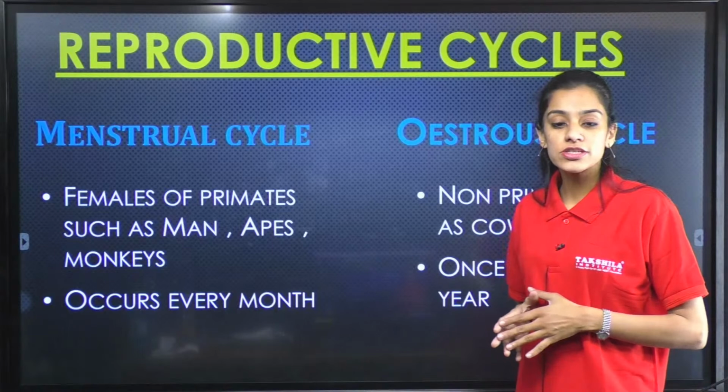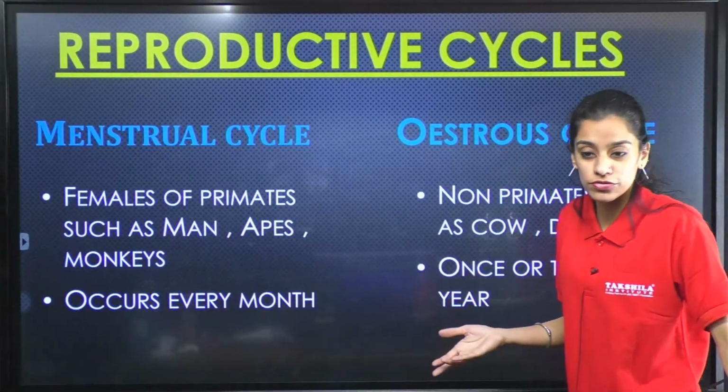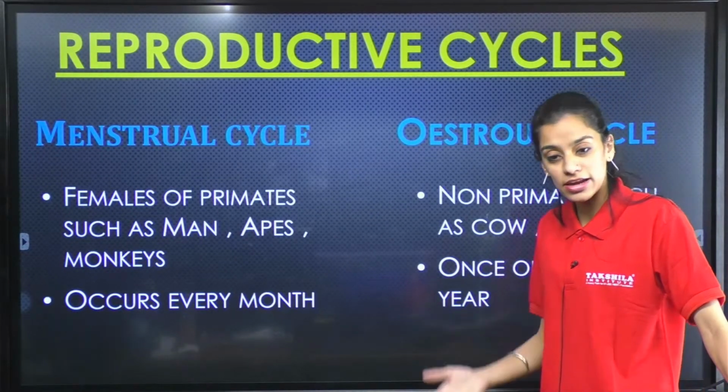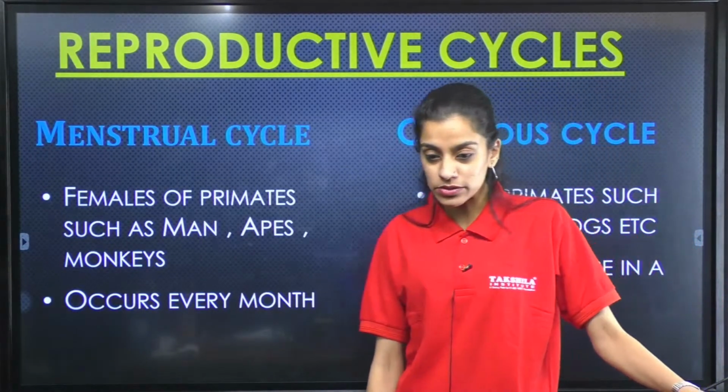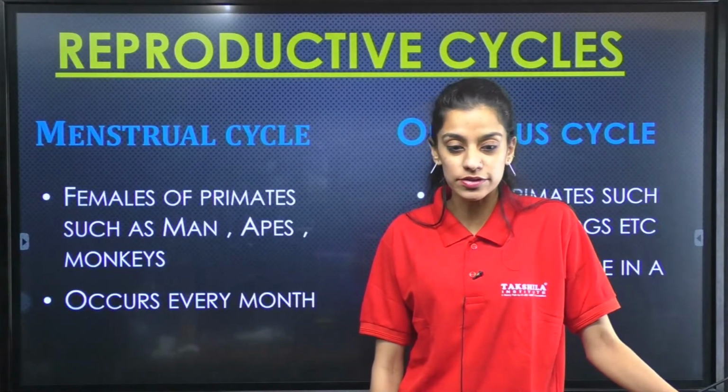However, the menstrual cycle allows reproduction at any time of the year. So mammals are included in the continuous breeders.